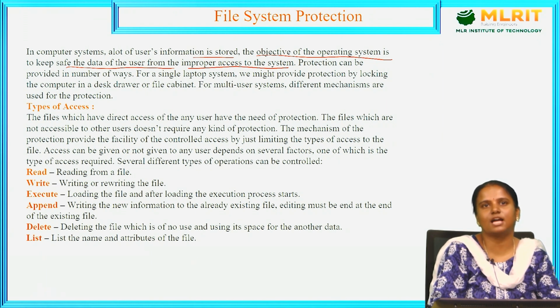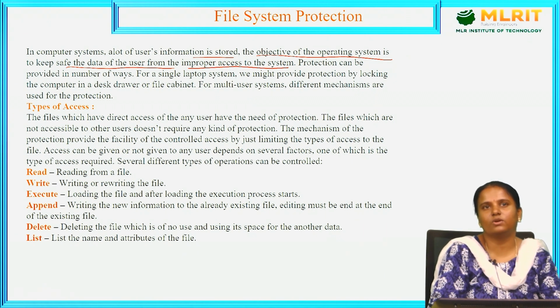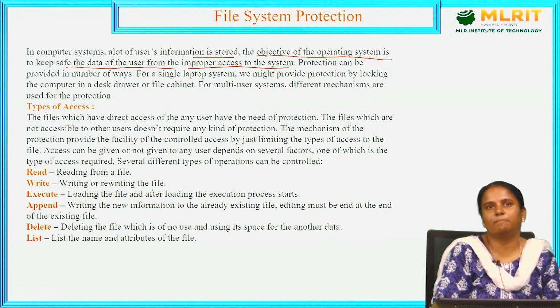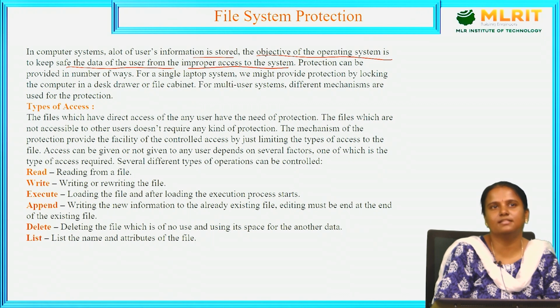Why? Because until the permission is given for that particular file, it can be accessed only by the user who is authorized and given the password key to that file. Otherwise, the files cannot be accessed and cannot be kept secret.